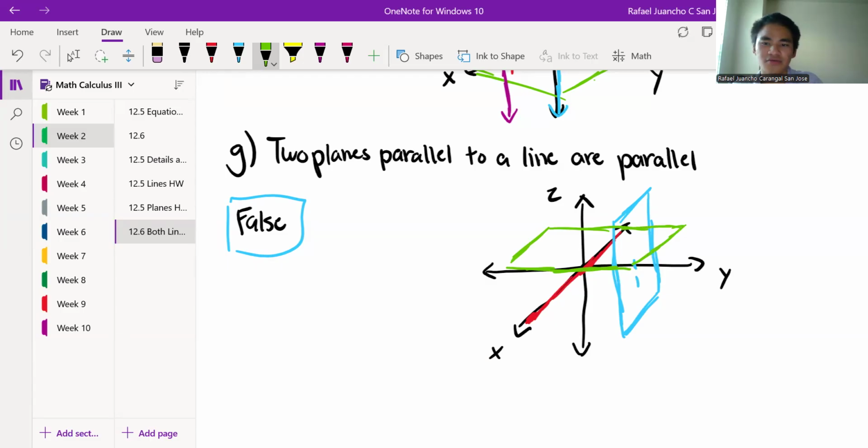Now here, what do you notice? This is probably z is 1 maybe. They intersect. So these two planes are not parallel to each other, but they are parallel to this line. So it's false. Two planes parallel to a line are not always parallel, so it's false.